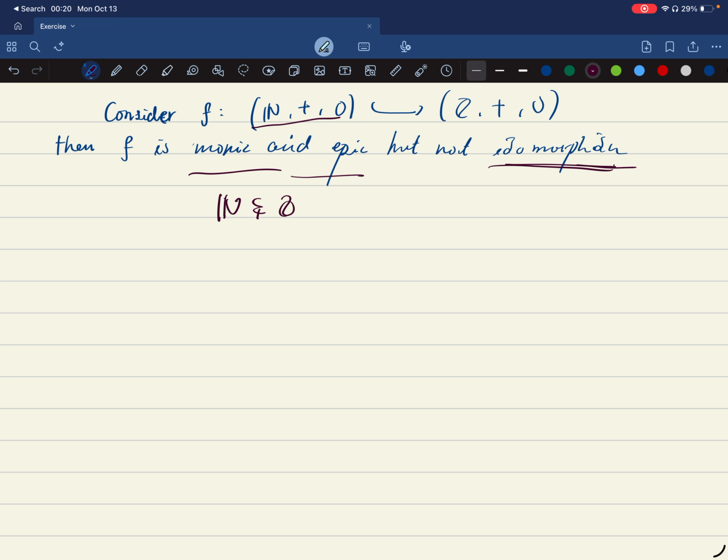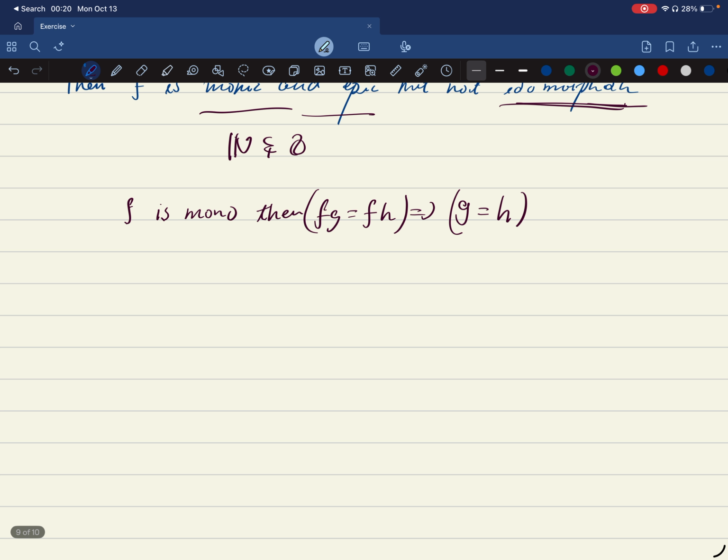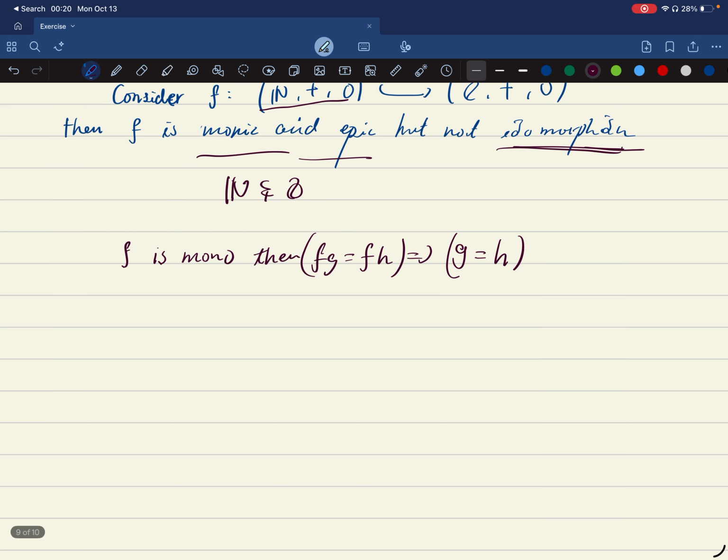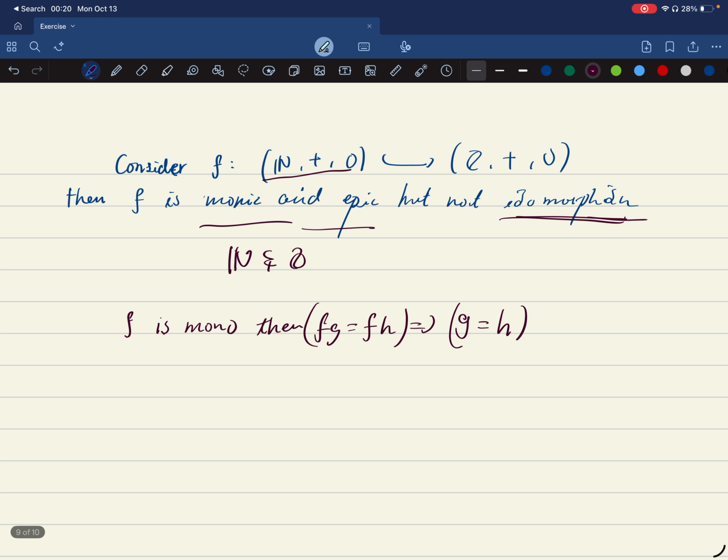So recall the definition of monomorphism. F is mono if G equals FH implies G equals H. So the thing here is, one thing that we can really leverage is the property of this.